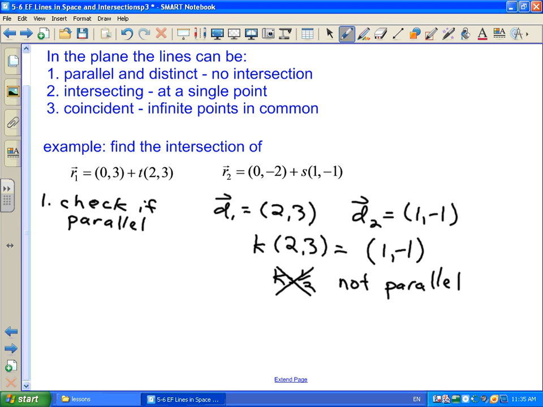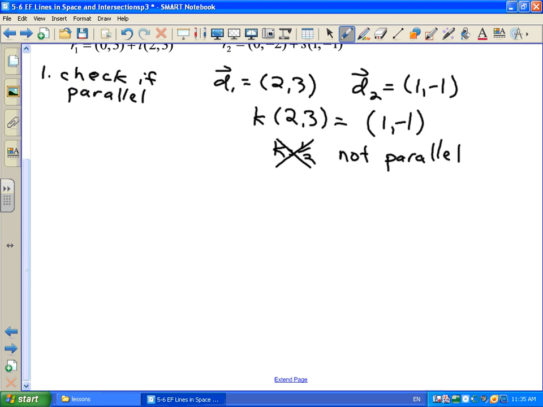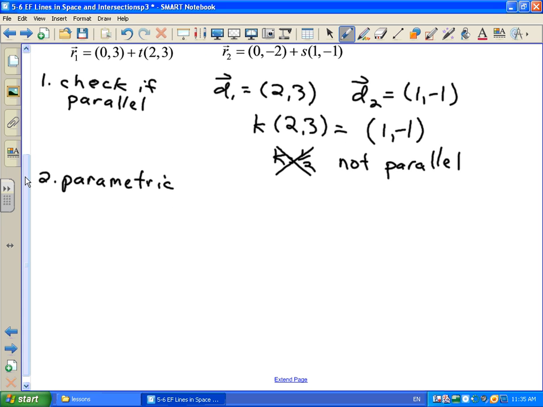So if we know that these things are not parallel and we want to find the intersection, the way you want to work on this is not to work with the vector equations, but work with the parametric equations. So we'll take our two vector equations and we'll turn these into parametric equations.